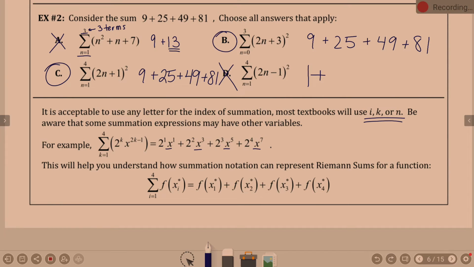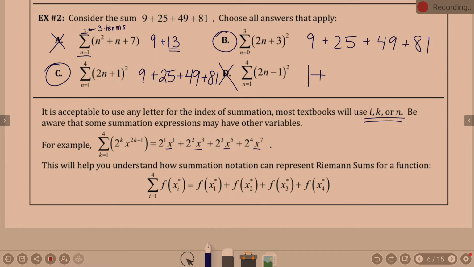Now, as we do this, this is leading into Riemann sums, and into the limit notation for Riemann sums. So, I's, K's, yeah, the sum from I equals 1 to 4 of f of x sub I. Plugging that in, it'd be f of x sub 1, f of x sub 2, f of x sub 3, f of x sub 4.